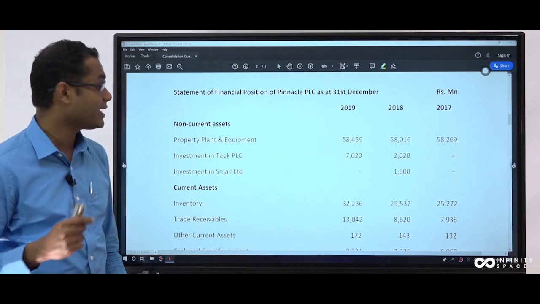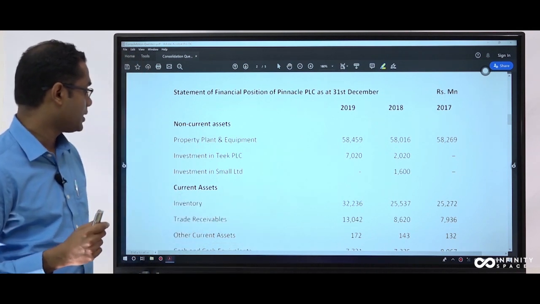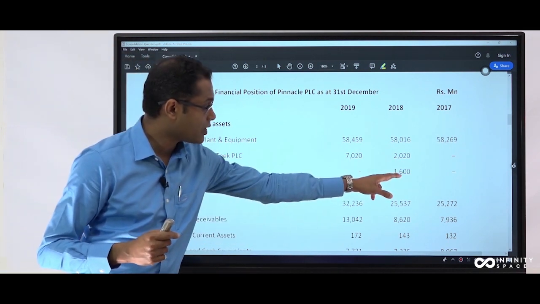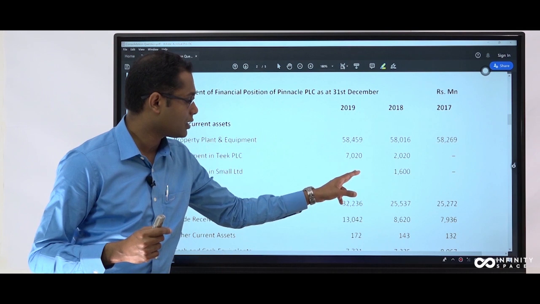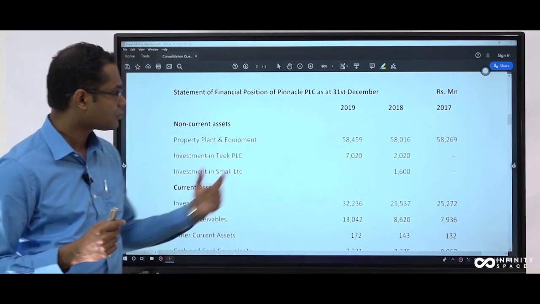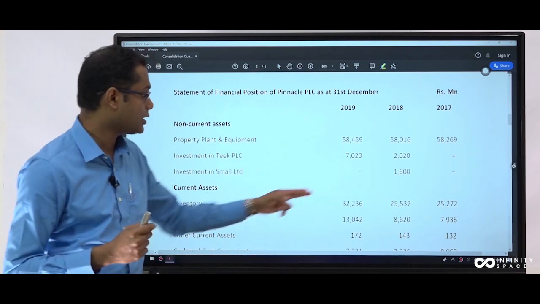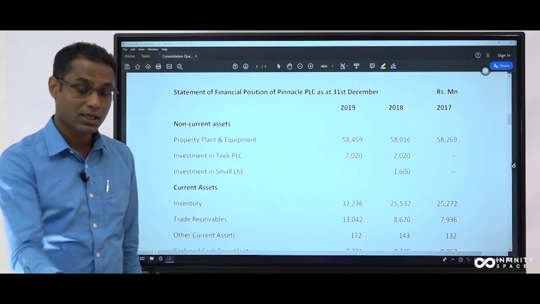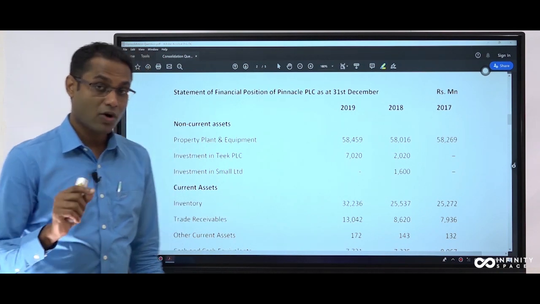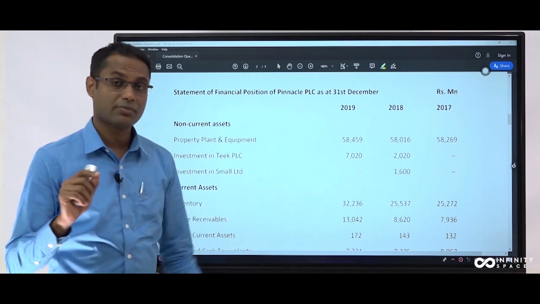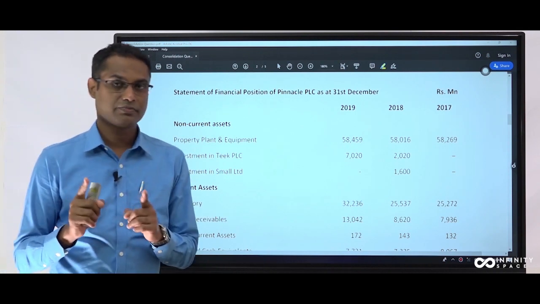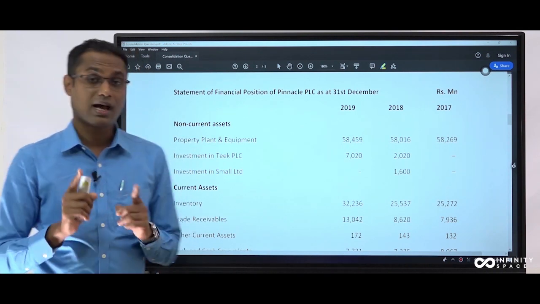It has to be the investment in Teak PLC 7,020, then the investment in Small Limited. You see, there was an investment in Small Limited in 2018, but in the statement of financial position as at 31st December 2019 there is no investment in Small Limited, because if you remember the requirement of part 4, it was clearly mentioned that Small Limited's entire holding was disposed by Pinnacle PLC as at 1st January 2019, at the very beginning of the current financial year.